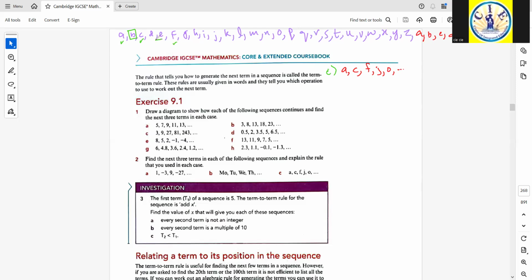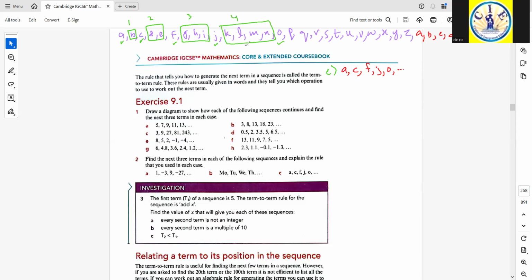That is depicting that we have skipped two alphabets this time, D and E. Then we are having the next term in the sequence, that is J, that has been achieved by skipping the next three alphabets. So the pattern is you have skipped one, you have skipped two, you have skipped three alphabets, and so on.